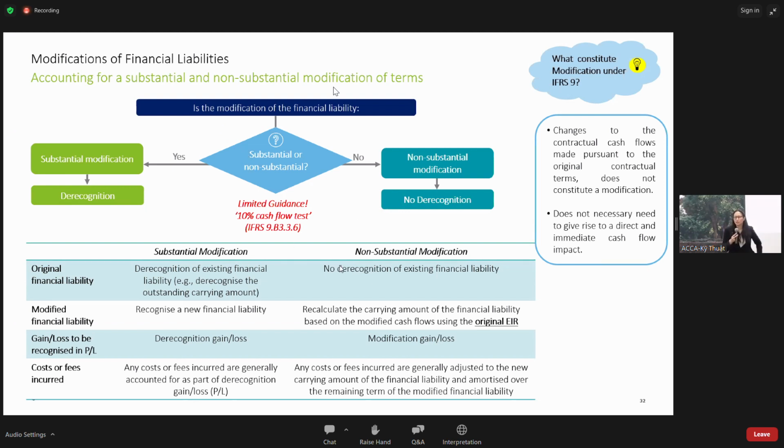So for instance, if you are still in the negotiation stage, you haven't agreed yet, you still do not effect the modification. Typically, it will be when both parties sign and date the contract. Then that date onwards becomes modification. So modification could be any time. If you sign it, say, on 3rd of February, then 3rd of February is the date that you remeasure.